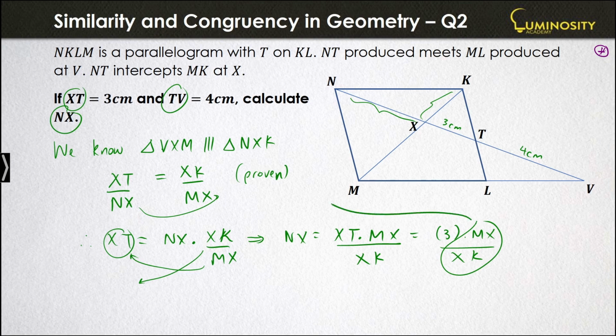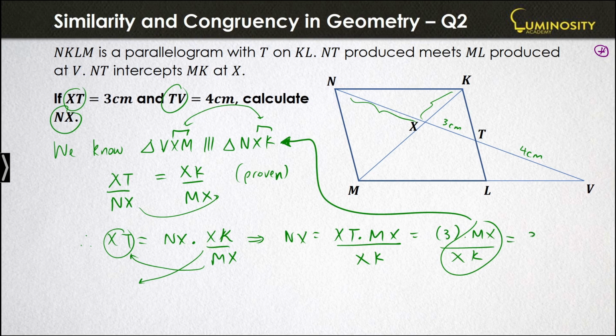So we haven't used this similarity yet, which is the one we've proven before. Can you see every piece of information they've asked you to prove is going to be used when you do a calculation question? So MX over XK, that is that correspondence here. If we can use another correspondence of side lengths that we know to replace that ratio, then we're good.